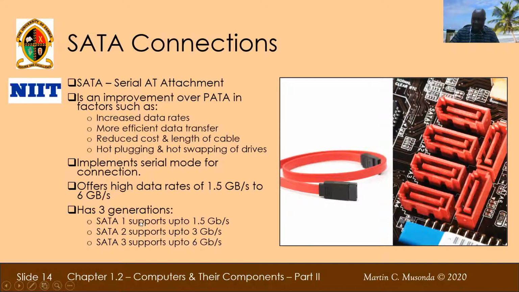Of course, this is the theoretical speed. It tends to be lower because of a number of factors. But if the hard drive is SATA 3 and the cable and the slot are also SATA 3, then you can theoretically achieve that kind of data speed.